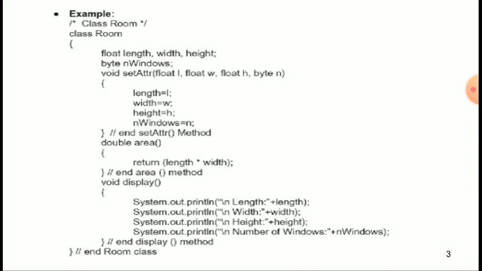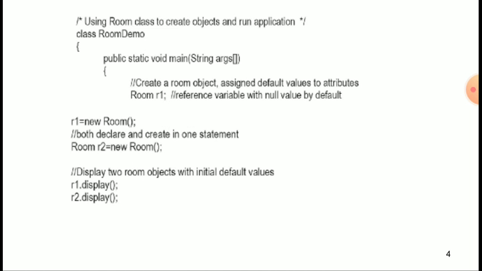So next, using the Room class to create an object and run the application. class RoomDemo, starting curly brackets, public static void main String args, starting curly brackets. Create a room object and assign default values to attributes.